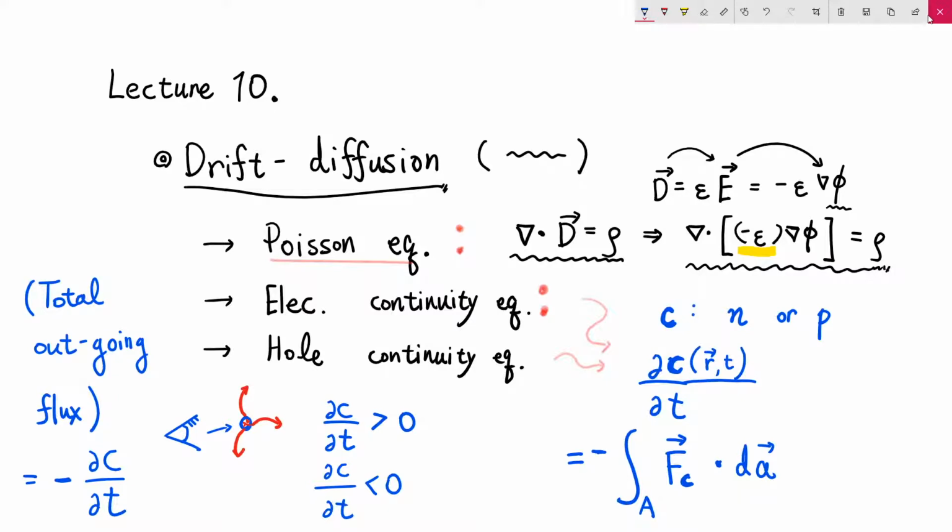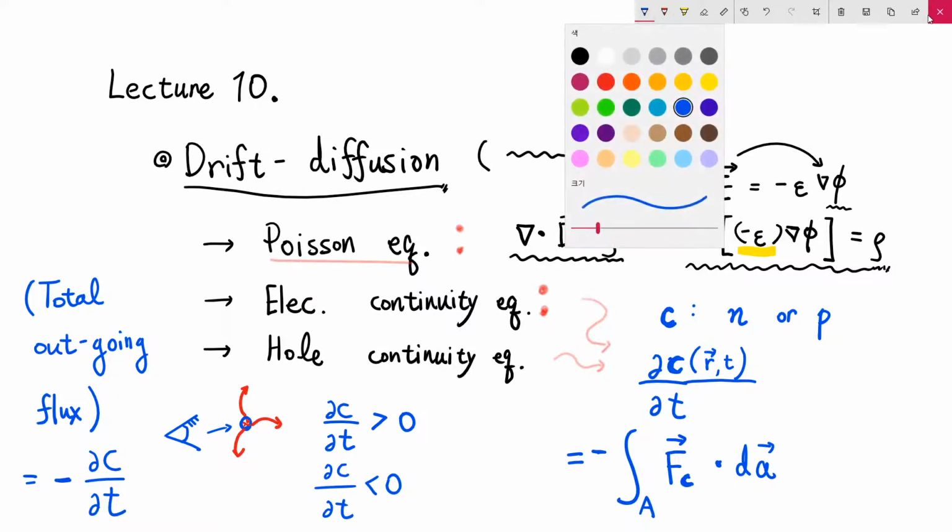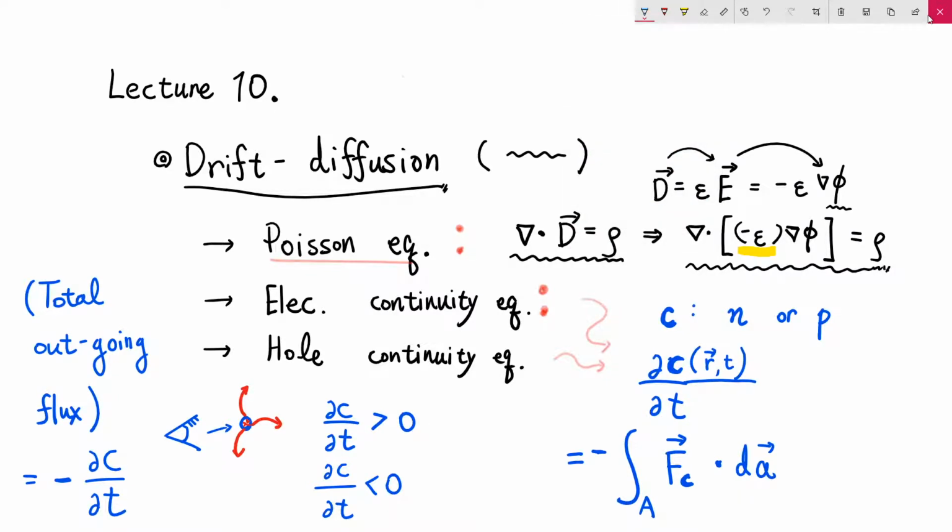Let me repeat once again. Now we have a box which is chosen to estimate the C density. For this box, we can consider 6 surfaces or 6 faces.